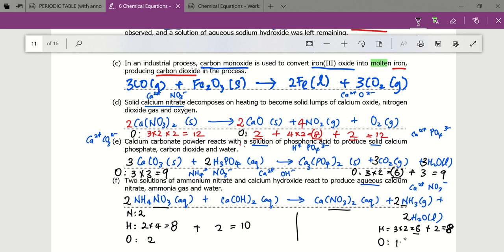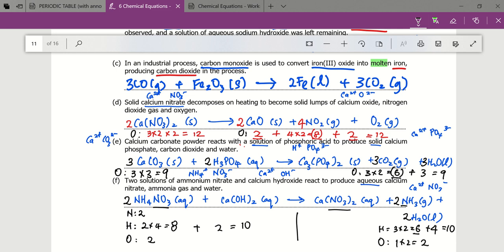So this means I have 2 oxygen now, and the number of hydrogen, I can update, it should now be plus 4, and hence I have 10.